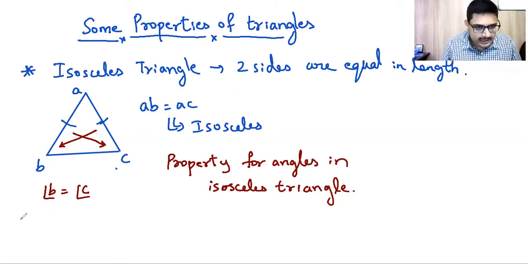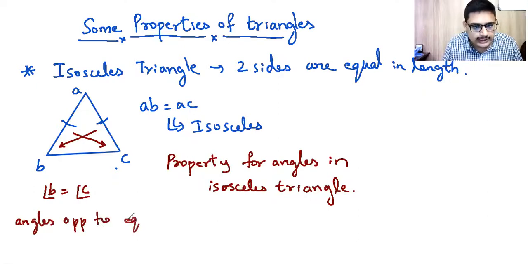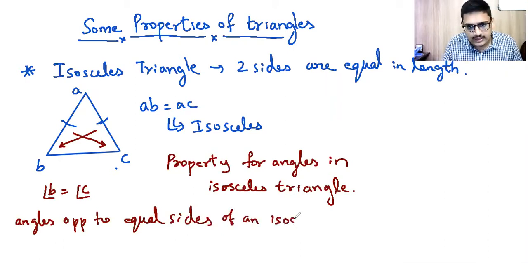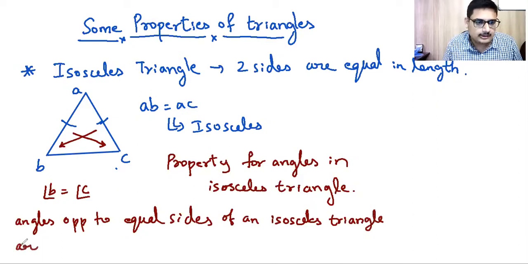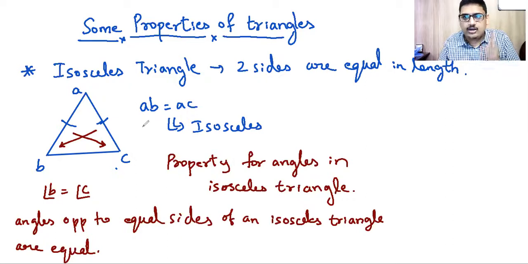That means angles opposite to equal sides of an isosceles triangle are equal. So identifying opposite angles is very important. For AB, angle C is opposite. For AC, angle B is opposite. So angle B is equal to angle C.